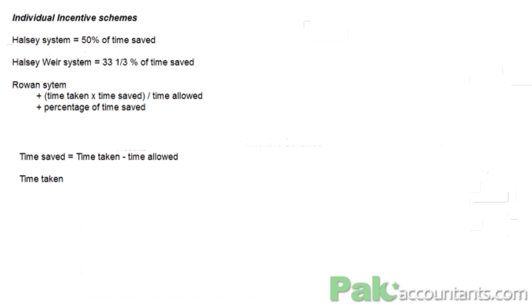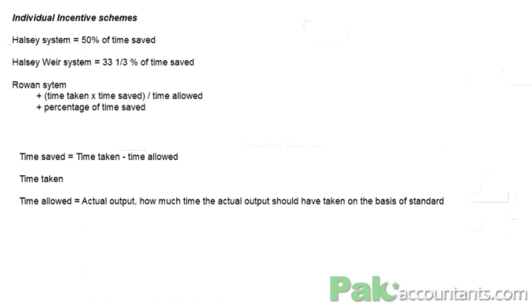Whereas in case of time allowed, you will have to look at the actual output, and consider how much time the actual output should have taken on the basis of standard. So every question, if it is based on the result basis, will be giving you information regarding the set time period to do a certain amount of job.